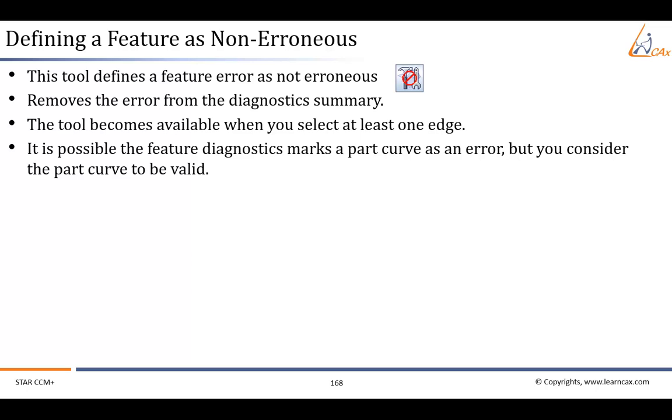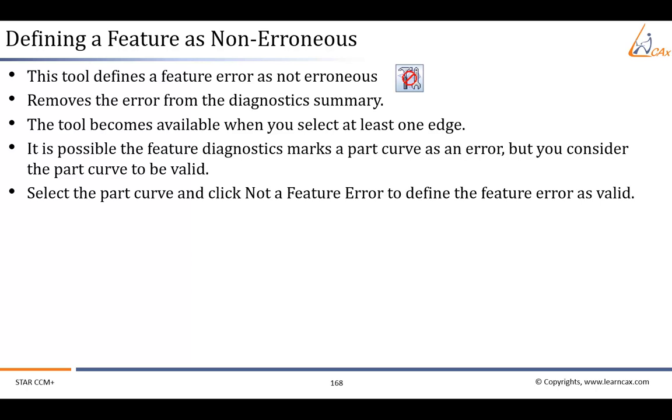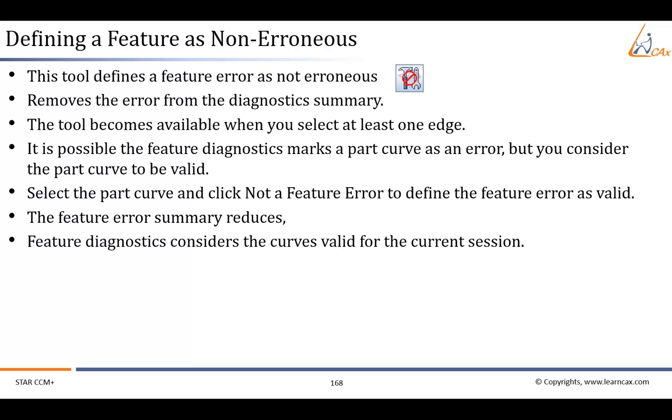It is possible the feature diagnostics marks a part curve as an error, but you consider the part curve to be valid. In that case, select the part curve and click Not a feature error to define the feature error as valid. The feature error summary reduces. Feature diagnostics considers the curves valid for the current session.